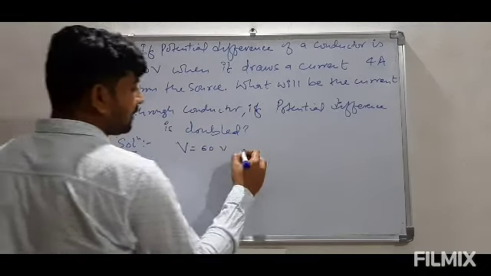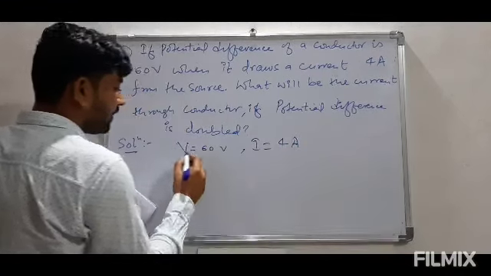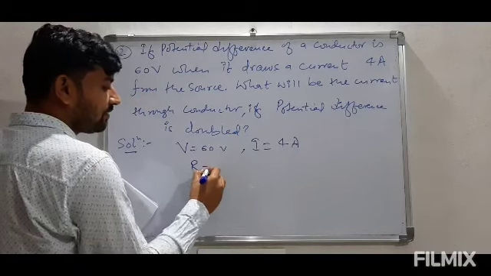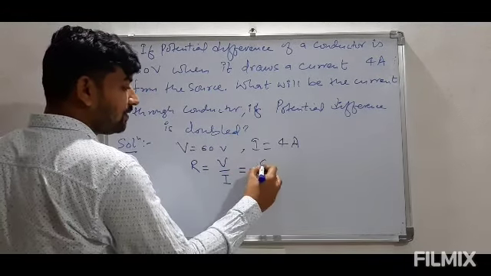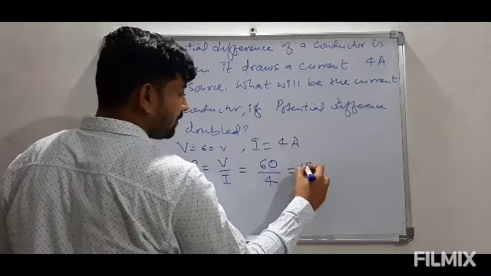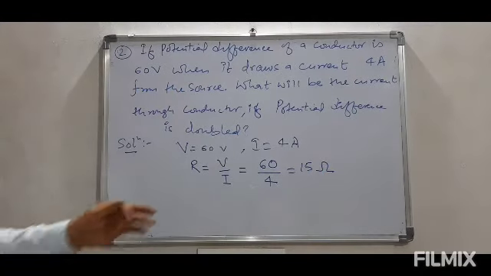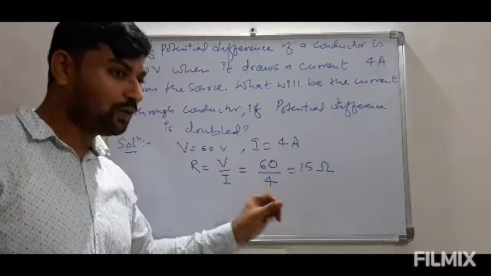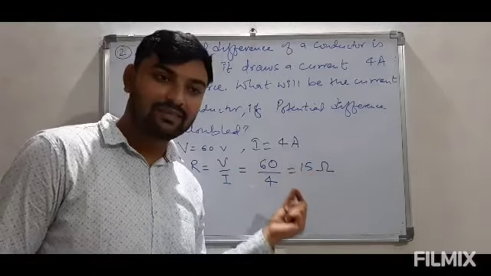Then current is 4 ampere. By using this we can calculate the resistance, that is V upon I of that conductor, that will be 60 upon 4. What do we get? 15 ohm. So the resistance of that conductor is 15 ohm, and as I told you, for a particular conductor the value of resistance remains same.